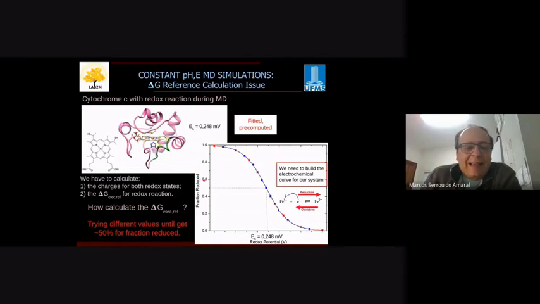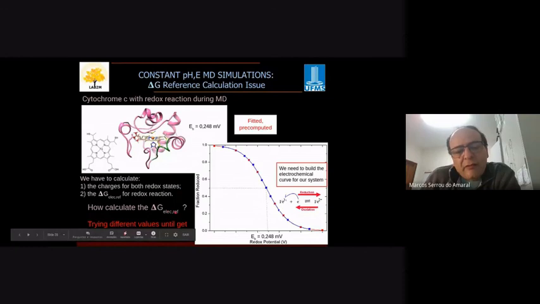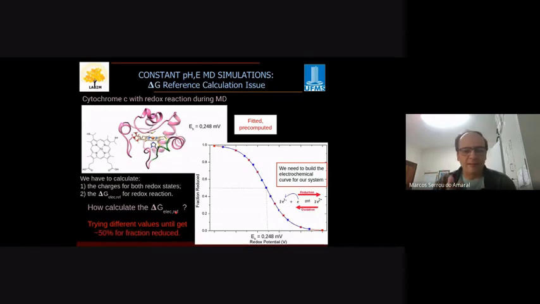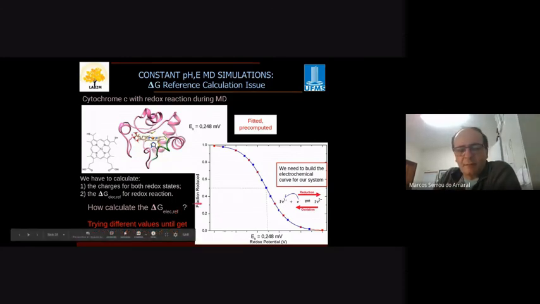But I need to try some values for delta G electron reference. So I try any value, and of course, on the first try, I do not get the 50% that I want. So I need to try another one, and another one, until I get the 50%.